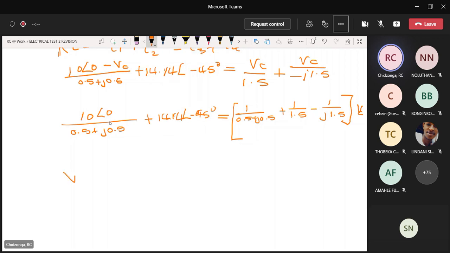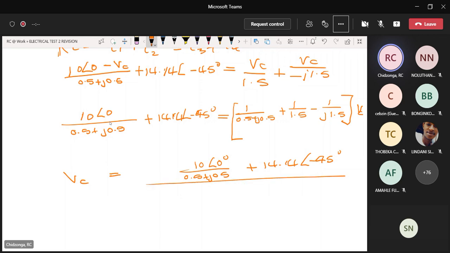So your VC is simply going to be 10 angle 0 divided by 0.5 plus j 0.5, plus 14.14 angle minus 45 degrees, all divided by this term here, which is 1 over 0.5 plus j 0.5, plus 1 over 1.5, minus 1 over j 1.5.